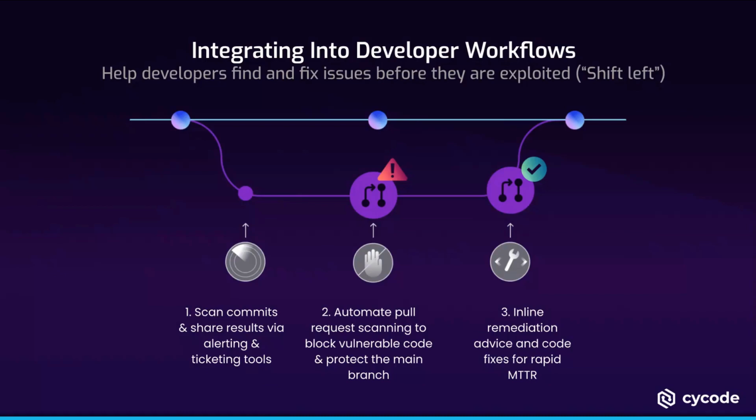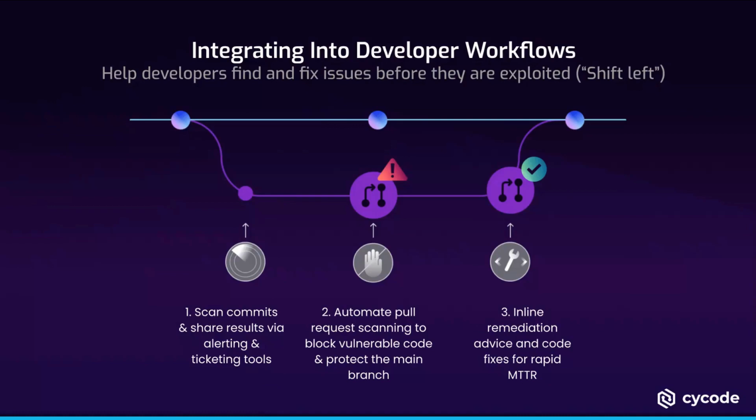So to summarize, integrating into the developer workflow on a shift-left concept will help you to secure your production environment by identifying this misconfiguration at an early stage. This can be achieved in 3 steps. One, scan the commit and share results and alerts.